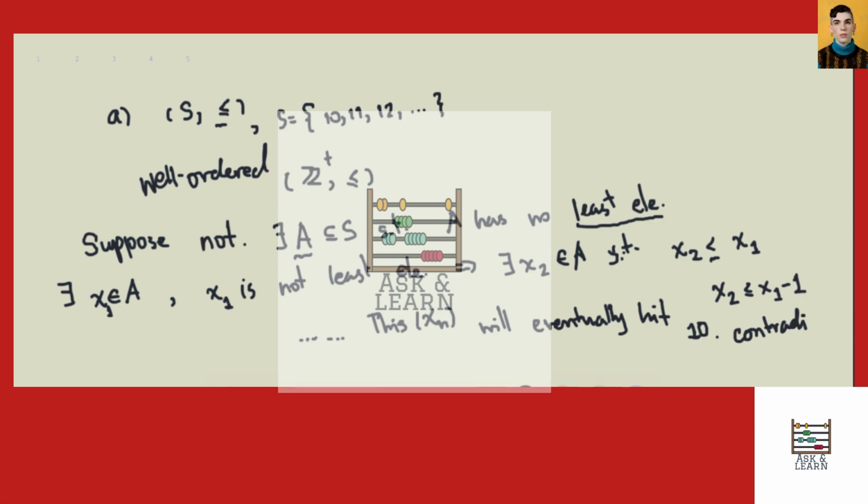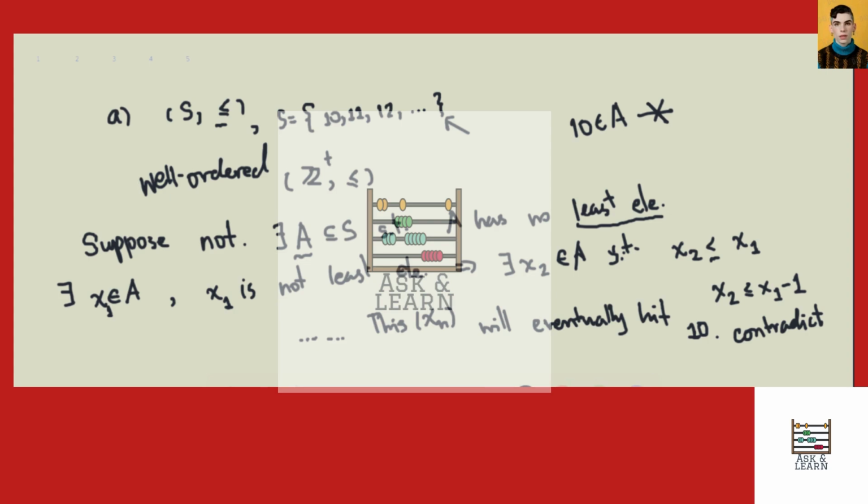Why? Because 10 now acts as the least element, because in the entire poset there's nothing preceding 10, right? When we show that 10 is in this subset, we get a contradiction because 10 will act as the least element for it, but we assumed that it doesn't exist.